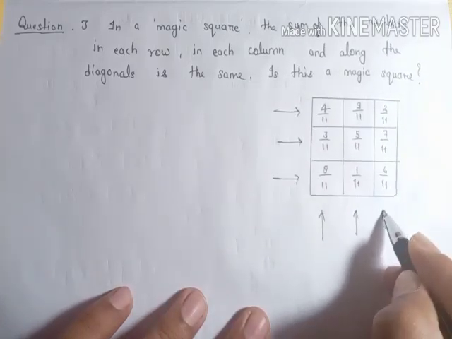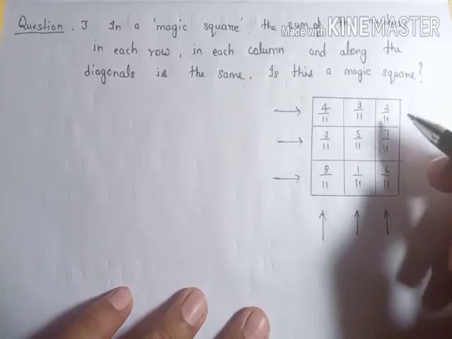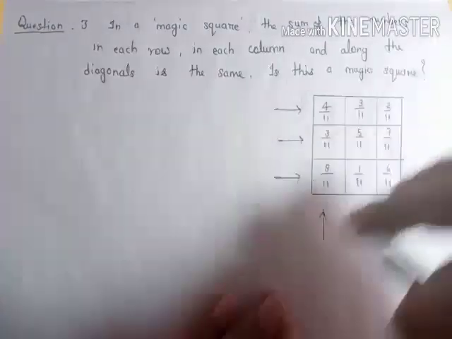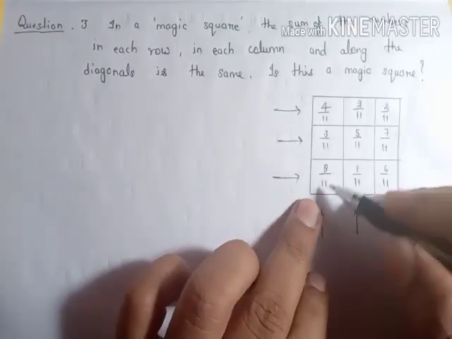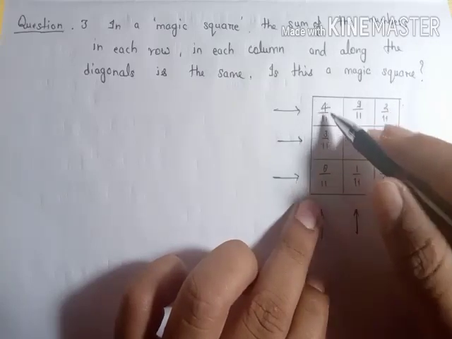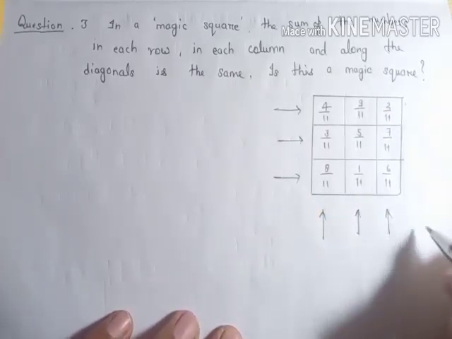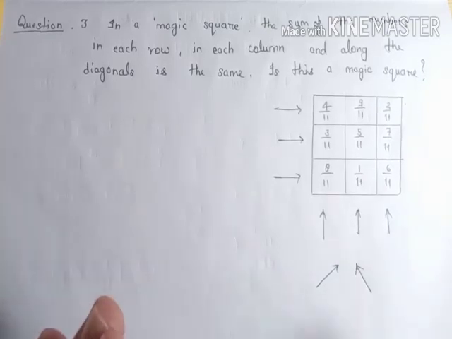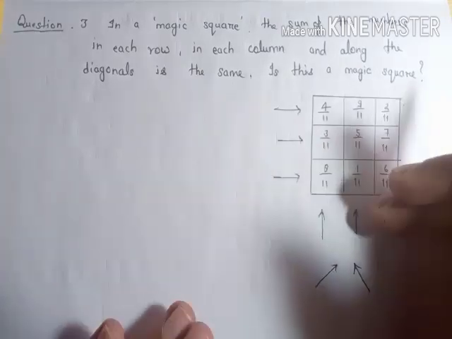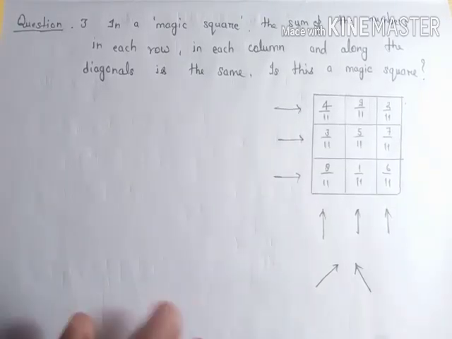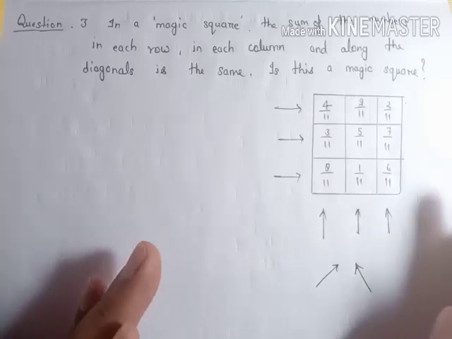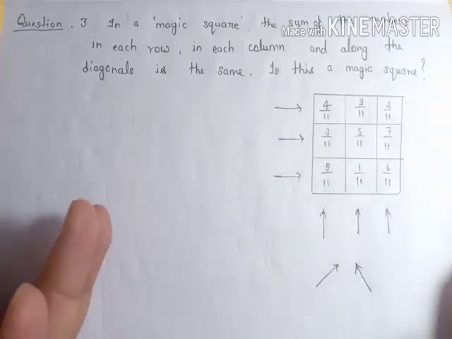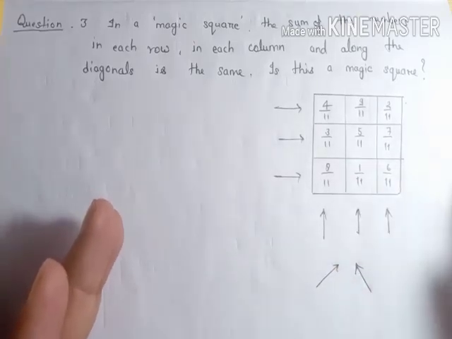Each column and each diagonal means this horizontal, this vertical, and if you are looking for the slant line, this is the first diagonal and this is the second diagonal. So the sums of all rows, all columns and all diagonals are equal. This is the basic property of a magic square, and I'm going to show it to you. So we have to check whether it is a magic square or not.